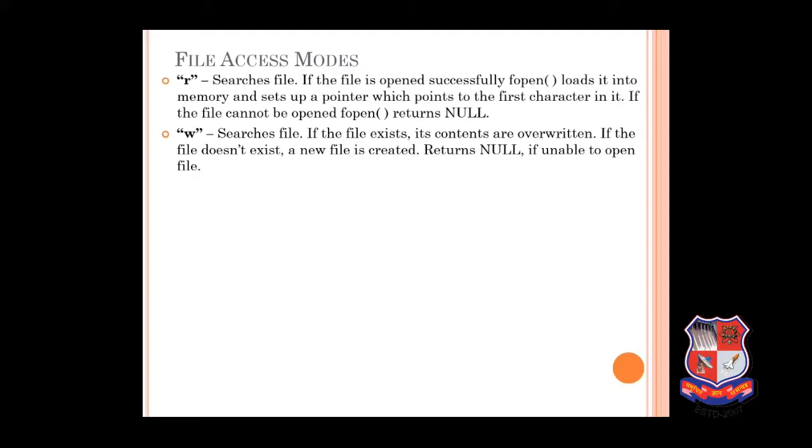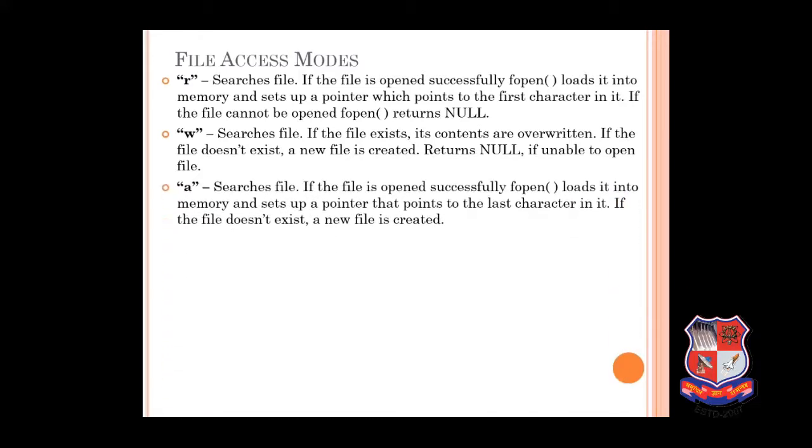Whatever data is already stored does not matter, it will overwrite the data and the old data will vanish. If the file does not exist, a new file will be created. And if the file is not able to be opened in write mode, it will return null. As we all know, some files are only in read mode. We cannot write into them, so this type of file will return null to us.